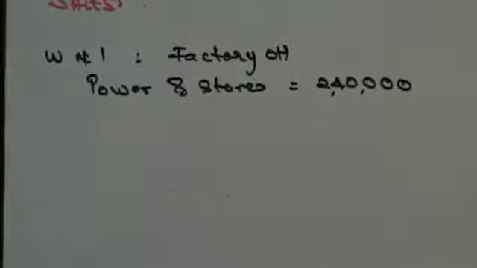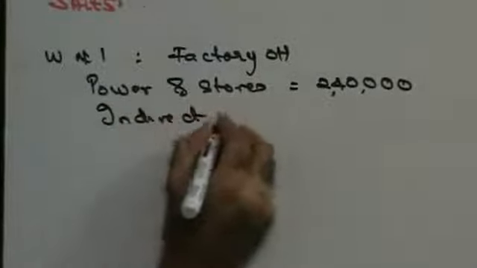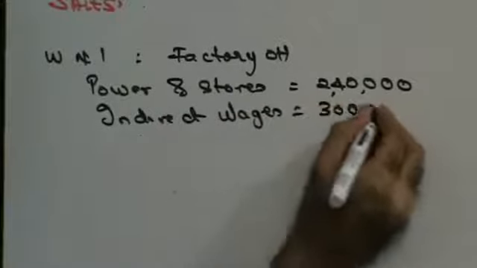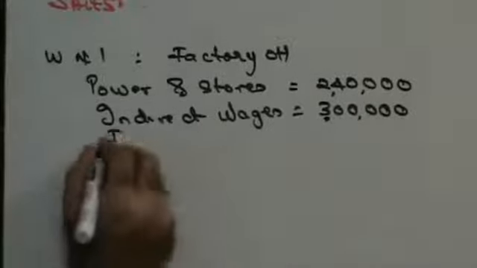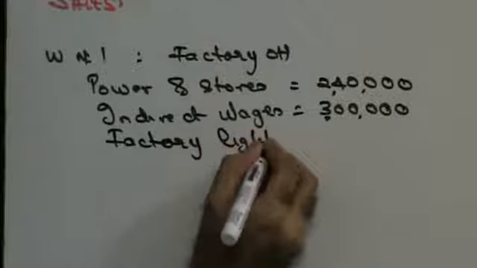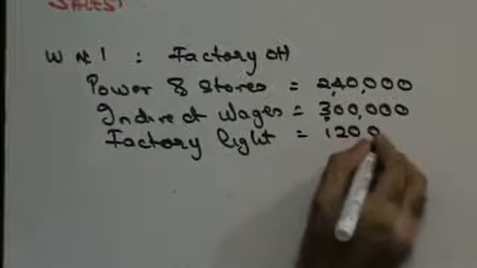Then you have indirect wages. Indirect wages is a factory overheads. Then you have factory lighting. Factory lighting is 1,20,000.